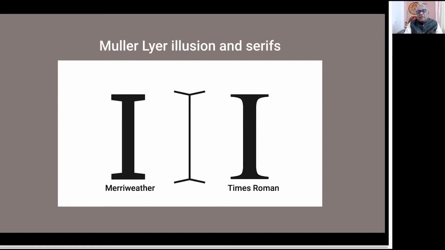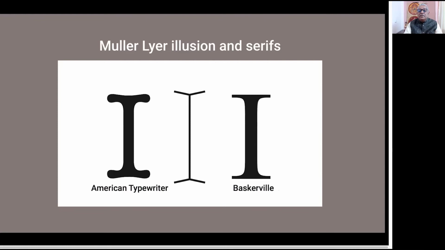And if you look at the design of the serifs itself, it matches this, in that it creates a feeling that the stroke is actually taller than what it appears to be. So this is the point I'm trying to make, that optical illusions are very important in typography, and this particular illusion might have helped our ancestors or font designers to make use of serifs in creative ways.